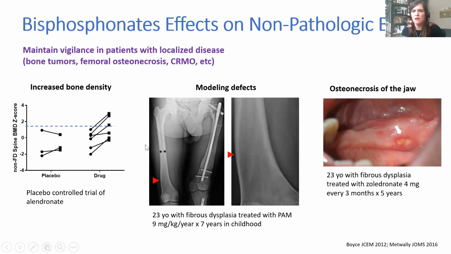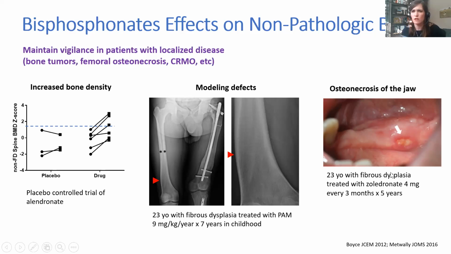Osteonecrosis of the jaw is an uncommon, rare side effect of bisphosphonates. It's usually not seen in association with osteoporosis dosing of bisphosphonates, and it's also not been reported in children or adolescents. However, it's important to bear in mind that when patients have painful bone conditions that are treated with bisphosphonates, they are likely going to be on these bisphosphonates for a long time into adulthood.